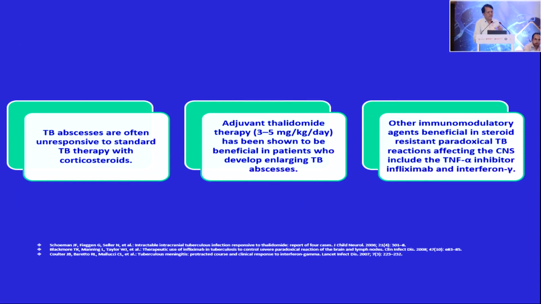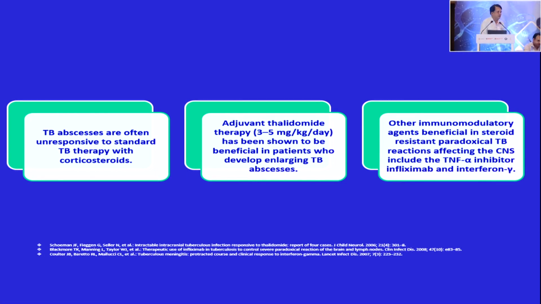And if it is a TB abscess and unresponsive to standard TB therapy with corticosteroid, as Dr. Manish has mentioned to you, adjuvant thalidomide therapy, 3 to 5 milligram per kg per day, has been shown to be beneficial in patients who develop enlarging TB abscess. That is what is important. We have forgotten about thalidomide.